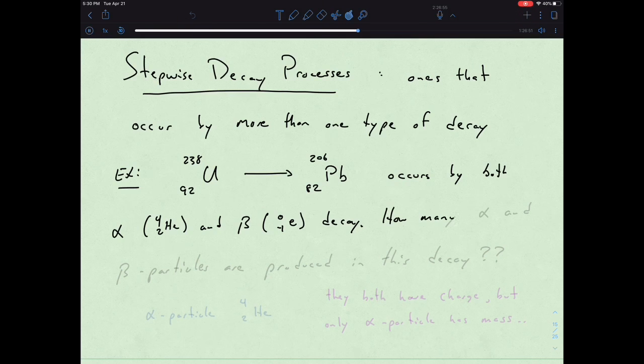How many alpha and beta particles are produced in this decay?